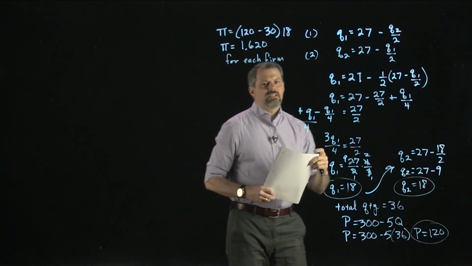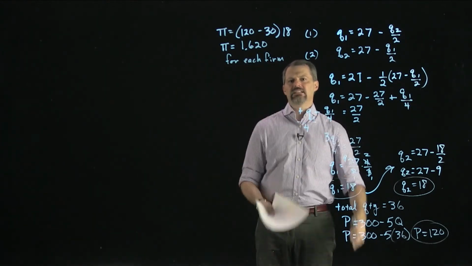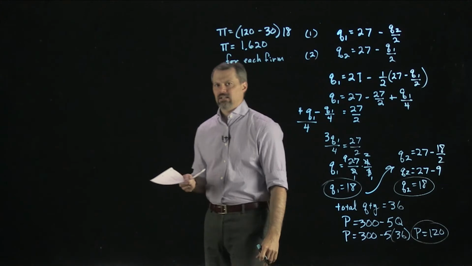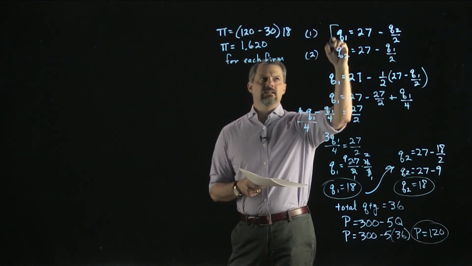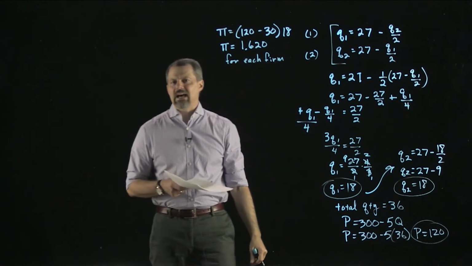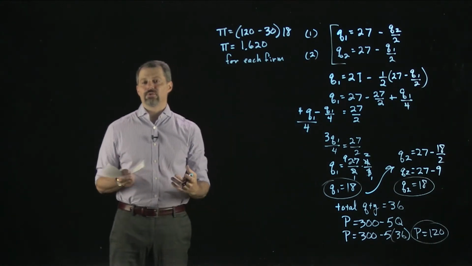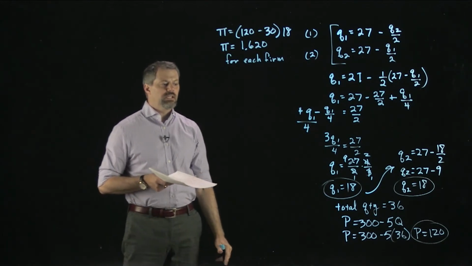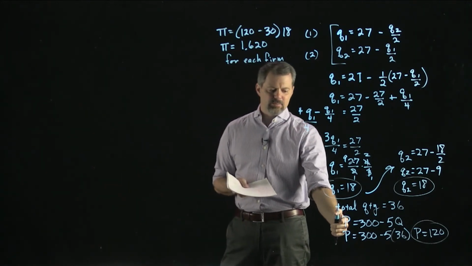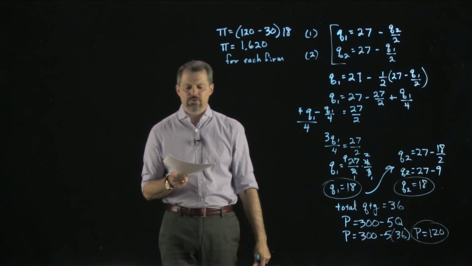So you can see that mathematically this feels like a very complicated process. I'm going to give you a very quick way of getting the two reaction functions, or the best response functions. It's actually very easy to get those if we assume a nice simple inverse demand curve. So we'll do that here in a second.